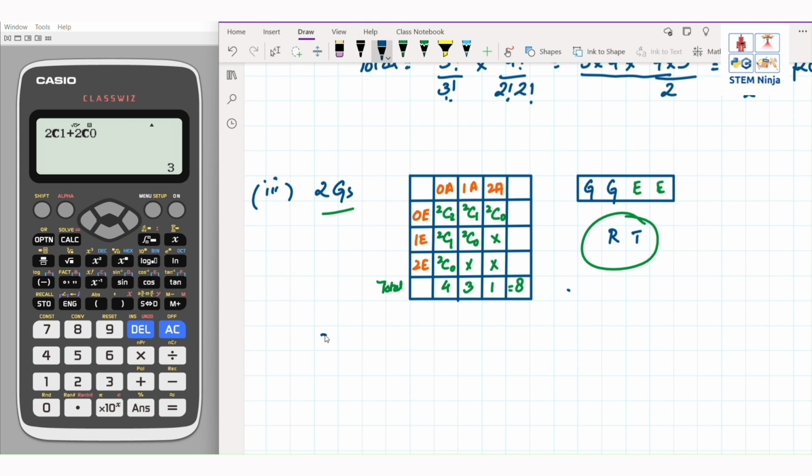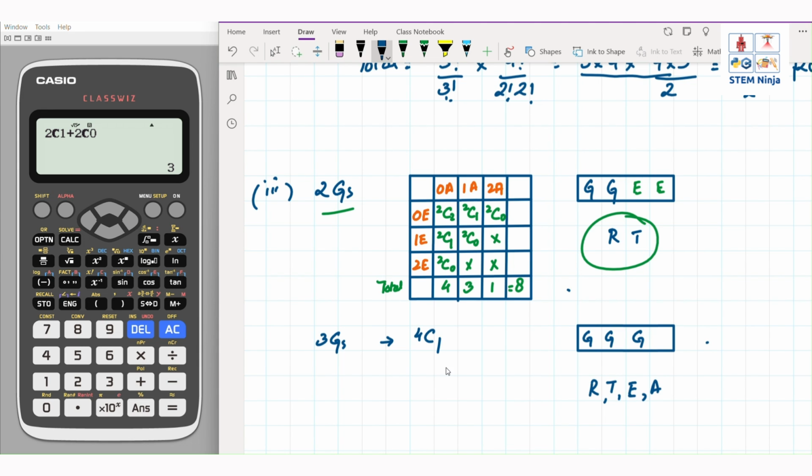Now, when you have 3 G's, now it becomes even more simpler. When you have 3 G's, G's are selected. So that means you can have one E, you can have one A, you can have R, you can have T over here. So it would be just simple. So basically now you have from R, T, E, or A. So basically you are just selecting one out of these four.